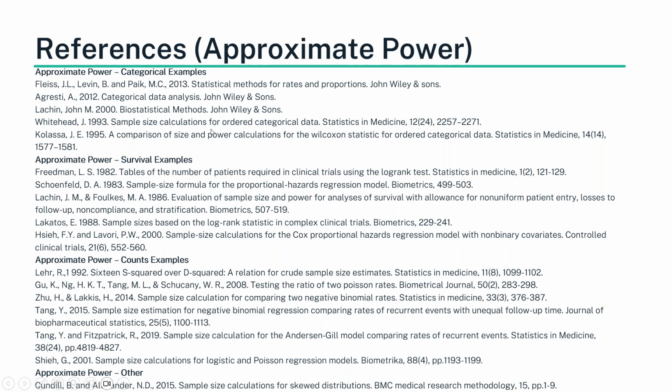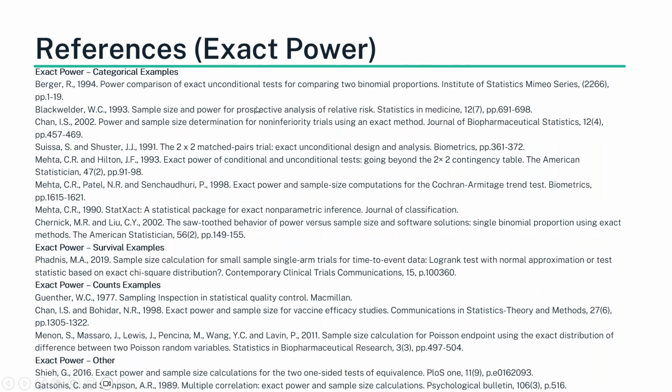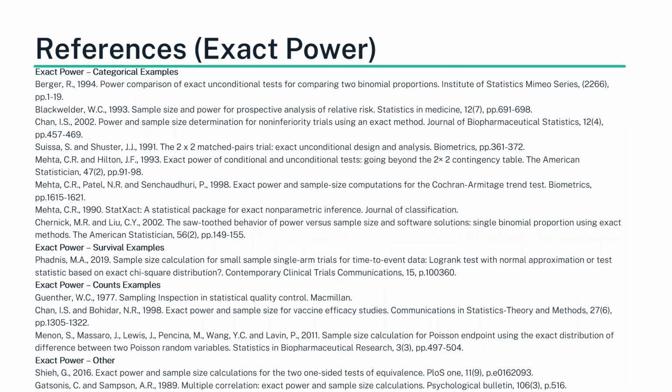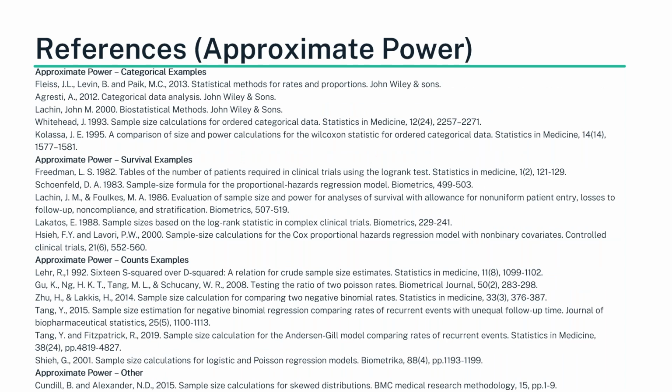Then there are some for each of these categories of approximate, exact, and simulation power: some overviews and also specific papers that cover those scenarios. The paper I referenced with the gamma distribution, for example, is this Kundal paper from 2015, if you wanted to look into that further.